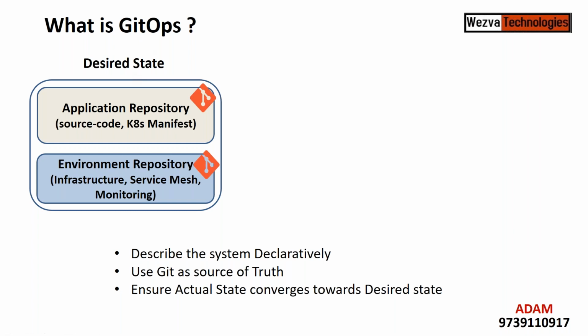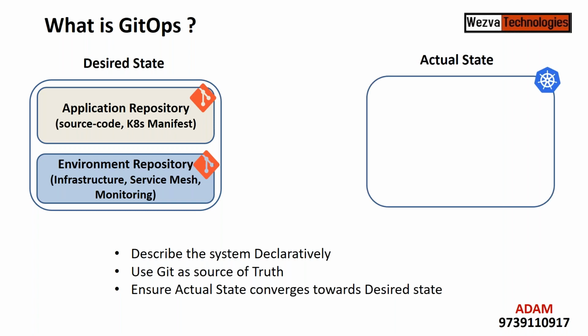Whenever there is a desired state, there should also be an actual state which is running in your cluster, correct? This is where you have your Kubernetes cluster in which the actual state should be maintained. So how do you do that?